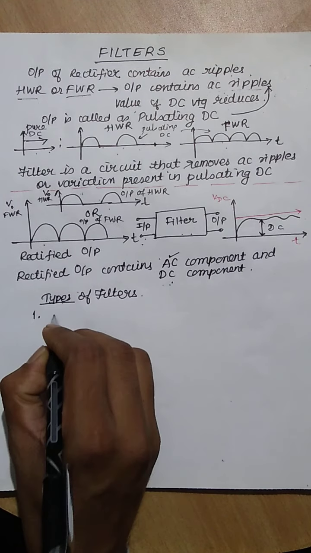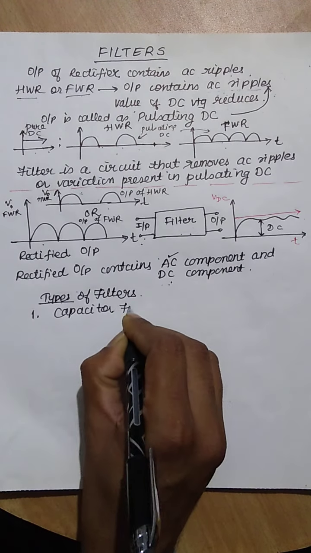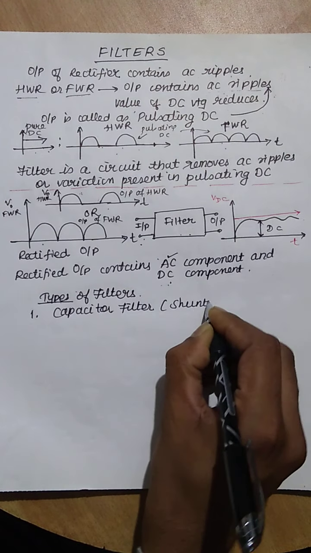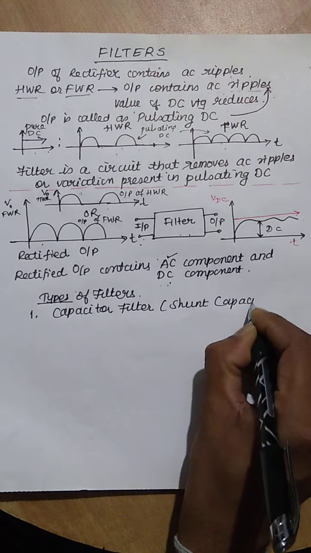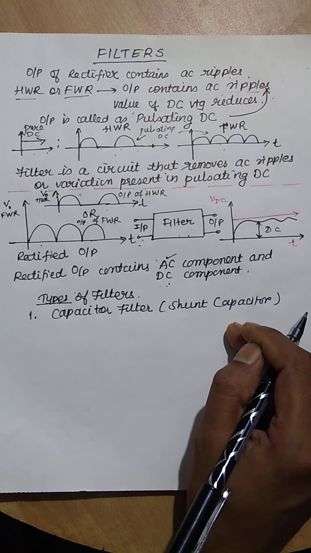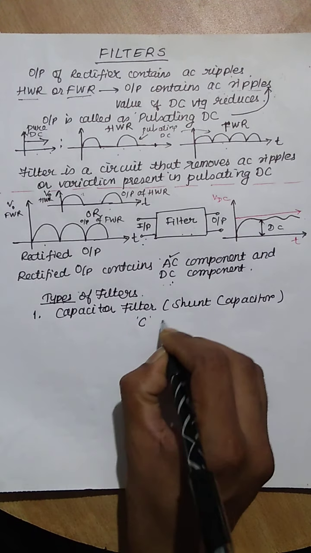So first we will see capacitor filter. It is also called a shunt capacitor filter because it is connected in parallel with the load. Okay, C filter.